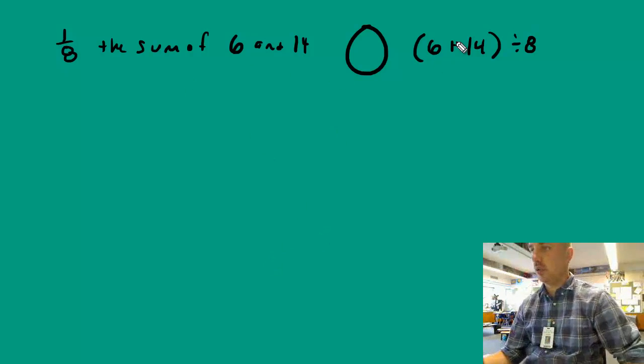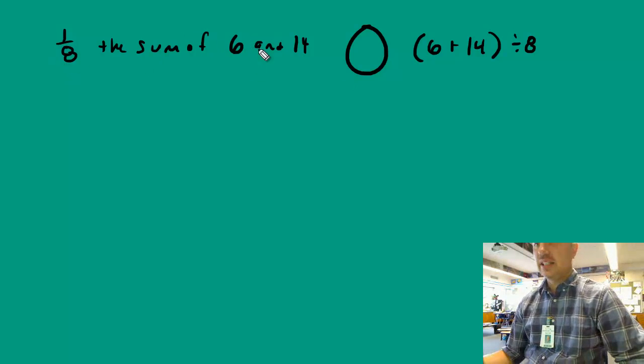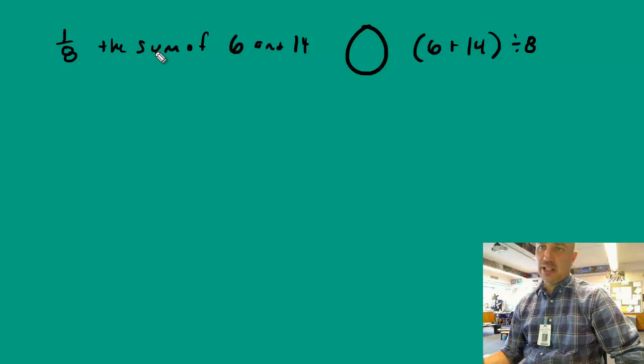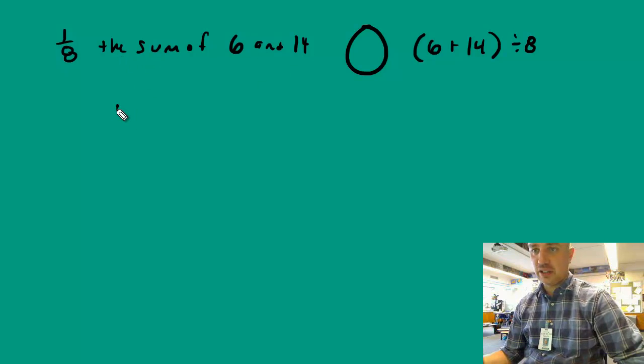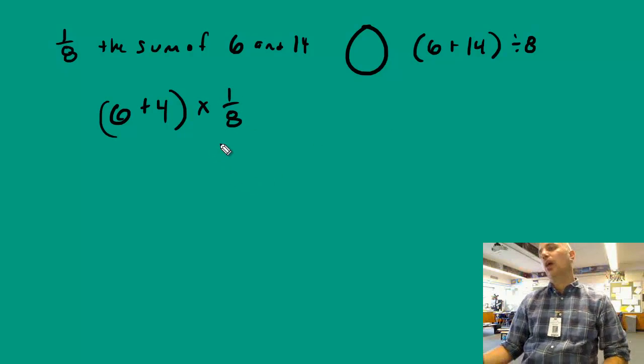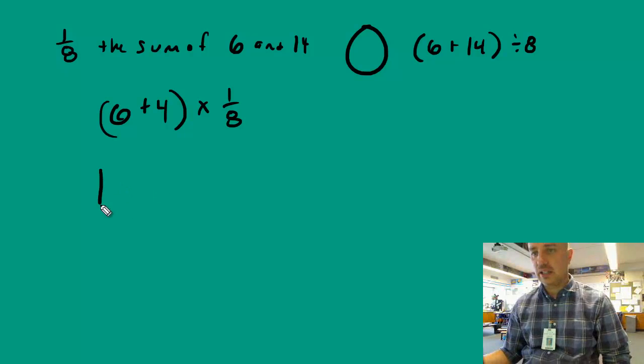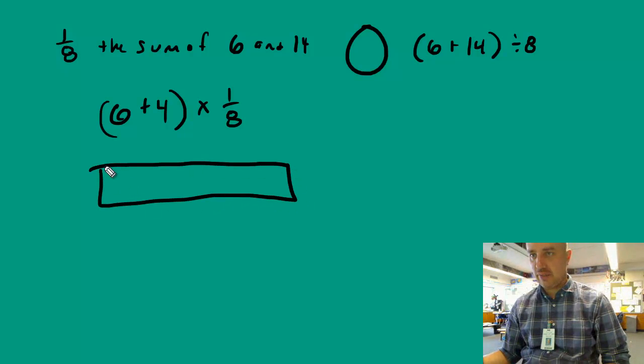So let's just see what we have here. I have 1/8 the sum of 6 and 14. So I need to find the sum of 6 and 14, so 6 plus 14, and then I'm finding 1/8 of that. I could draw something out. This is my sum of 6 plus 14, and I have it in eighths, right? And I want one of them.